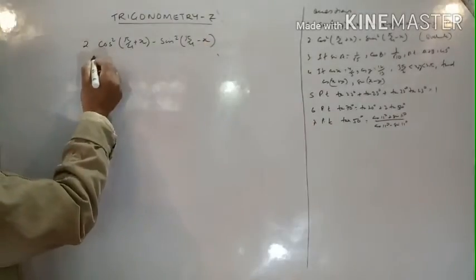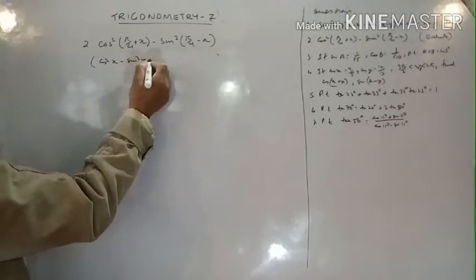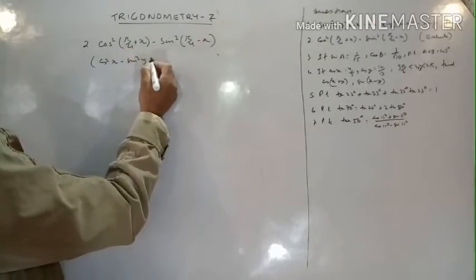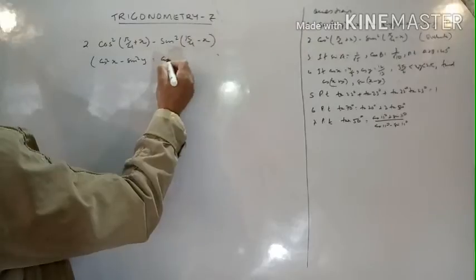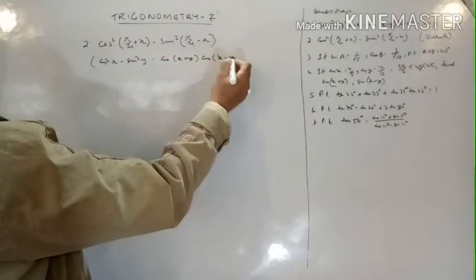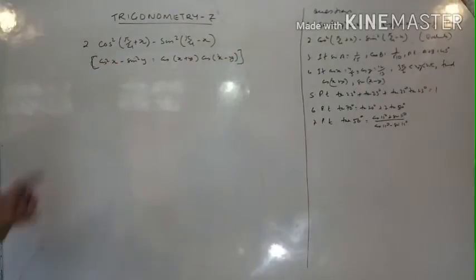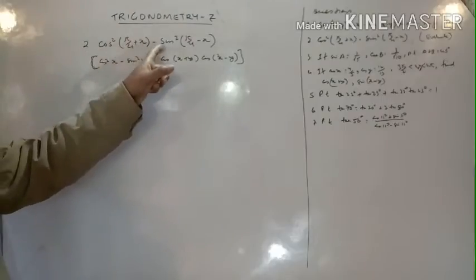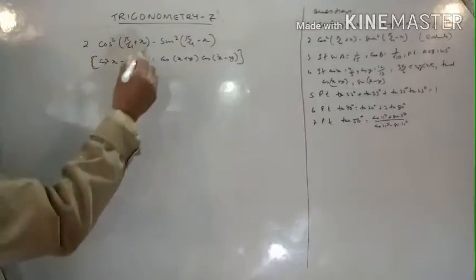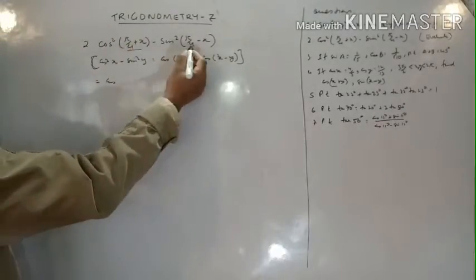We know the formula: cos square x minus sine square y is equal to cos (x plus y) into cos (x minus y). This formula is applicable here because it's of the form cos square x minus sine square y. If you use this formula, remember, this is x and this is y.